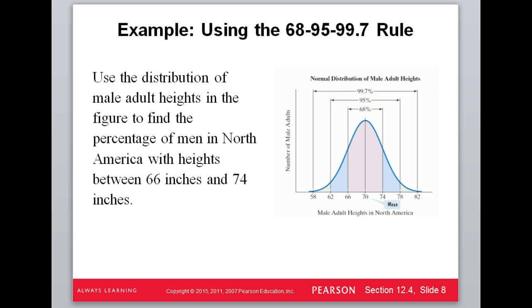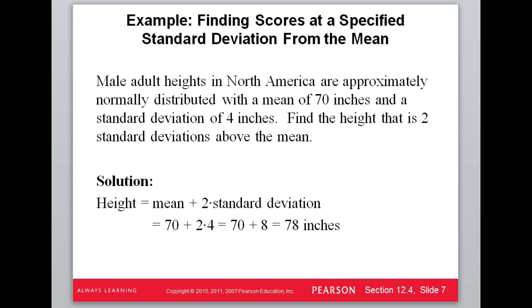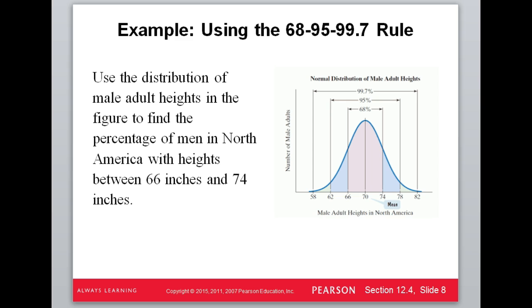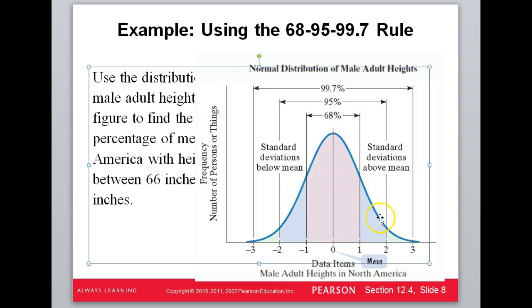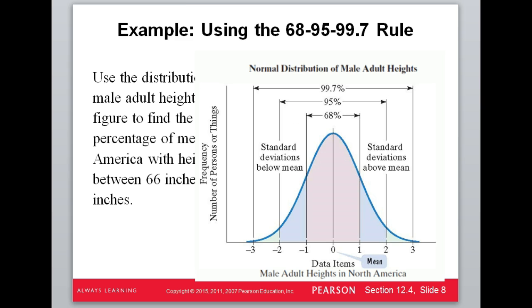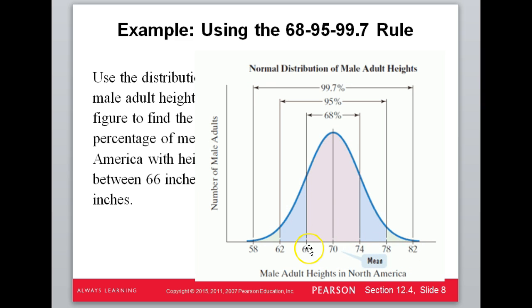Alright, let's try to use this 68, 95, 99.7 rule. Looking at this picture, the same heights of males we're talking about here, the mean is 70, standard deviation of 4. So this is how that would be distributed using that same picture that we used before, with 0 being the mean, 1 standard deviation up, 2 up, 3 up, 1 standard deviation down, 2, 3 down. If the mean is 70 and the standard deviation is 4 inches, then that would become this: 70, 74, 78, 82, and 66, 62, 58 on the way down.